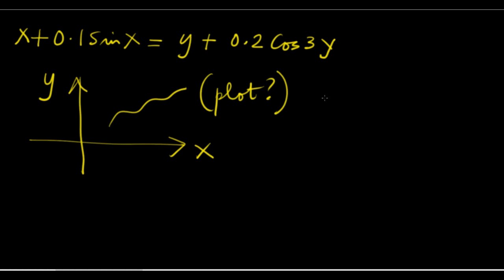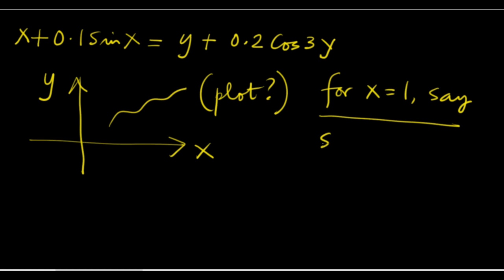For some specific x, like x equals 1, say, this is almost 1, this is almost 1, so maybe y is not far from 1. I can solve this equation for y.